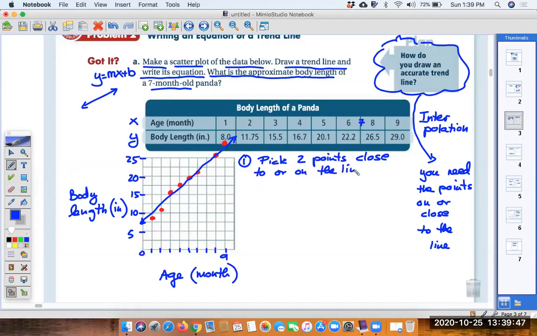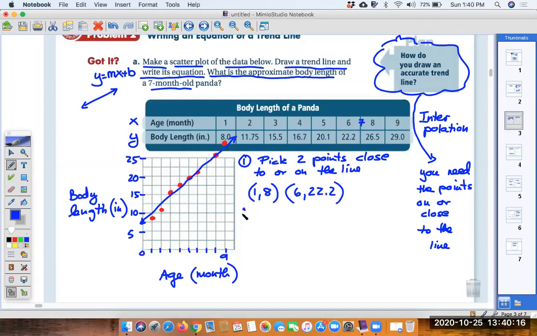You don't want to pick 2 points that are really far away from the line. So I'm going to pick 1 and 8, and I'm going to pick 6, and this one is 6 and 20, so I'm looking here, 22.